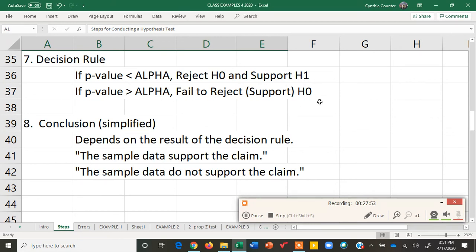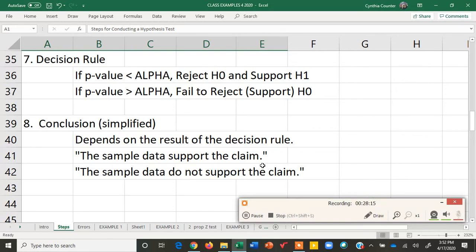The important thing is to realize that in statistics, you are never actually proving anything, because we're working with probabilities. Our conclusion would then just be a sentence based on whether we supported the claim or not. And we can say the sample data supports the claim.